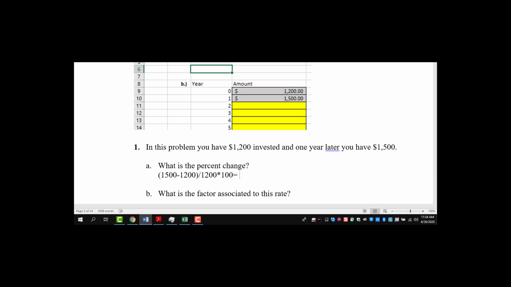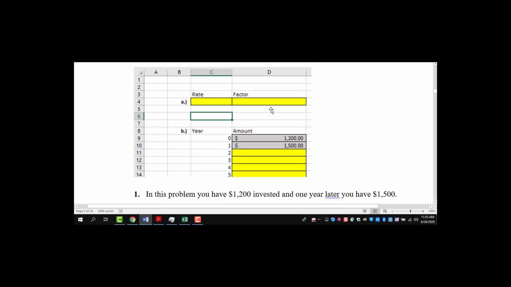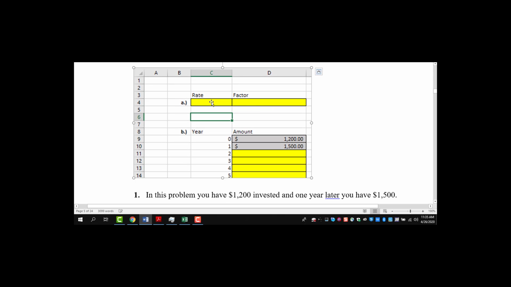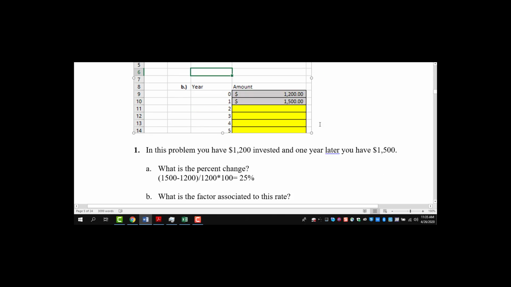So put that in your calculator. And you should get 25%. And we're going to prove it in a minute here. But what factor is associated with the 25% increase? So this 1,200 to 1,500 is a 25% increase. So that's the rate. You could put it right in there at 25%.